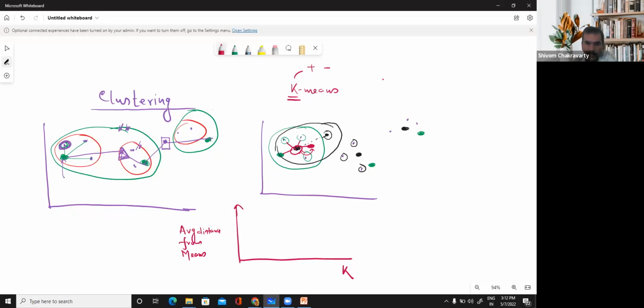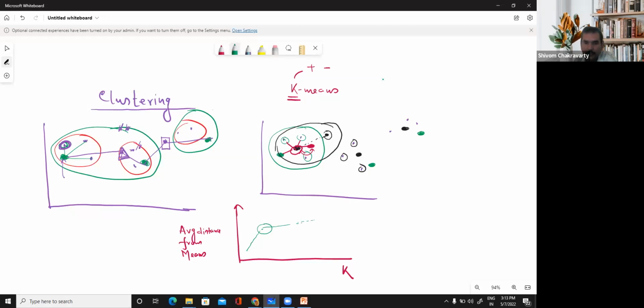So if we plot this graph, we will see that it shows a sharp turn somewhere. So it could be something like that. Beyond this point, increasing the number of k is not giving us any result.